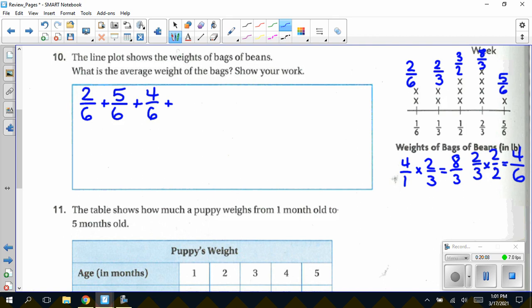Next, for the 3/2, again, I want that denominator of 6. Notice I already have an improper fraction, and that's okay. I'm just going to leave it improper. So to fill in the blank, I have 2 times 3 equals 6. So when I multiply the numerator by 3, I would have 9/6.